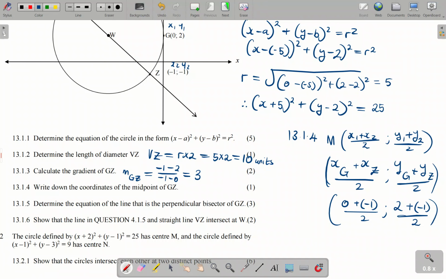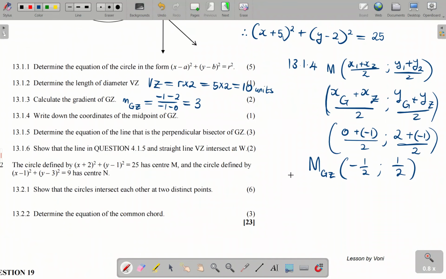So this is negative half, and 2 minus 1 is 1, so this is half. So it means the midpoint of GZ is simply that.